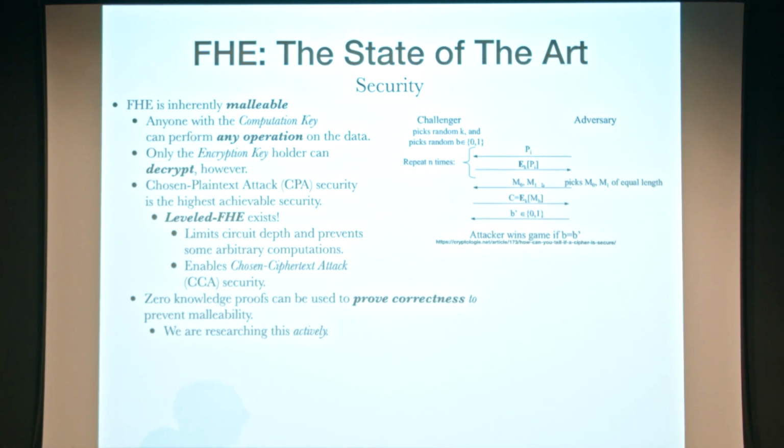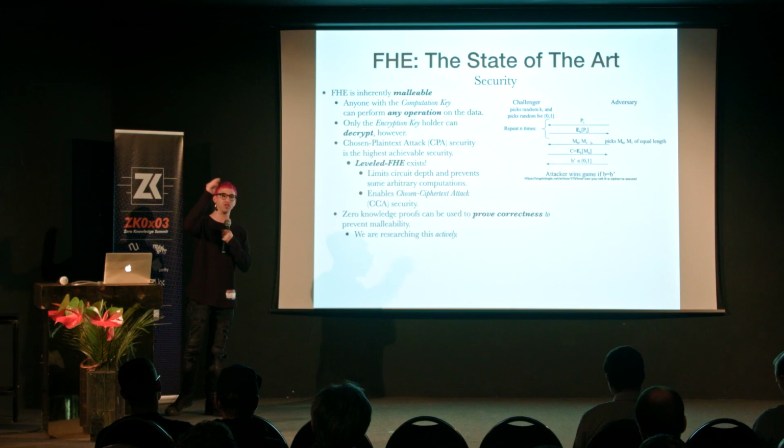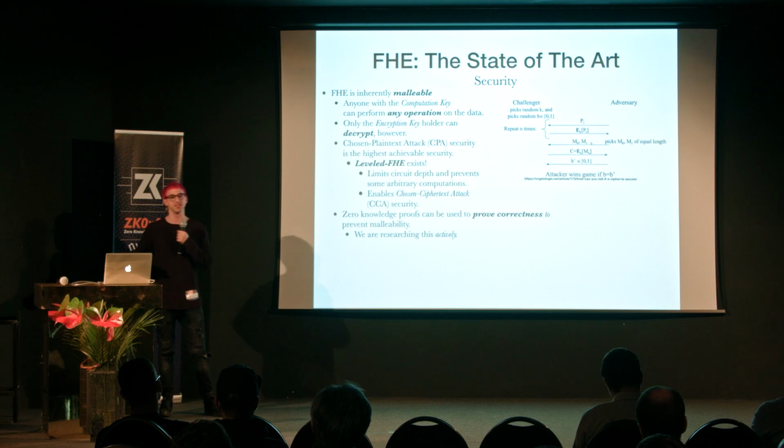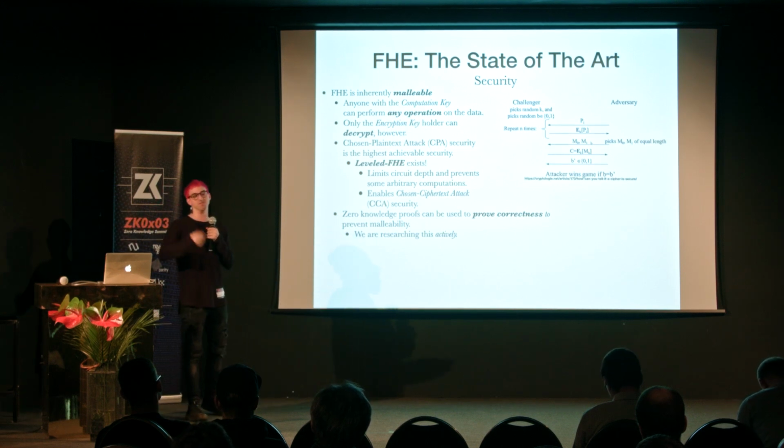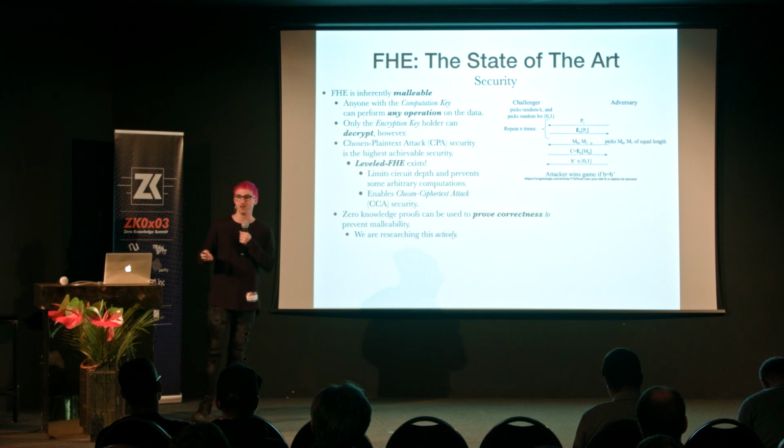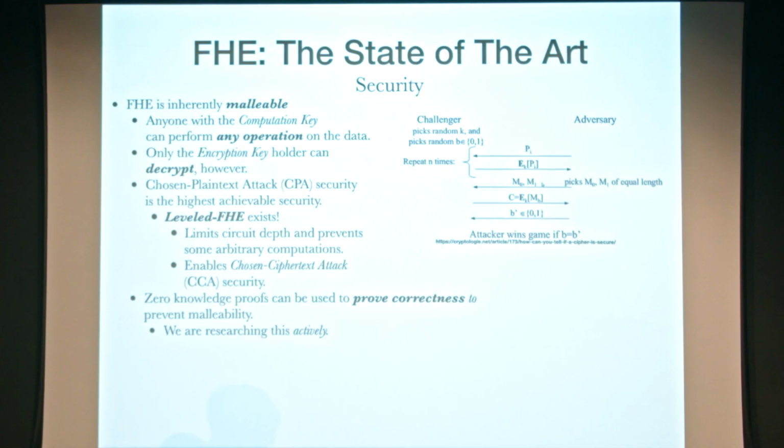Essentially it limits circuit depth and prevents some arbitrary computations, but you're essentially saying, I will only ever do this circuit of this depth, but no more computations other than that. And we can actually form CCA secure protocols and schemes from that.